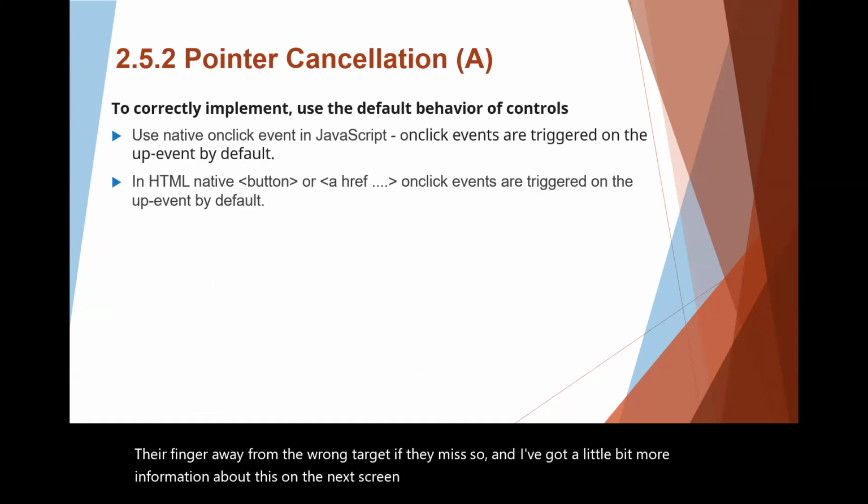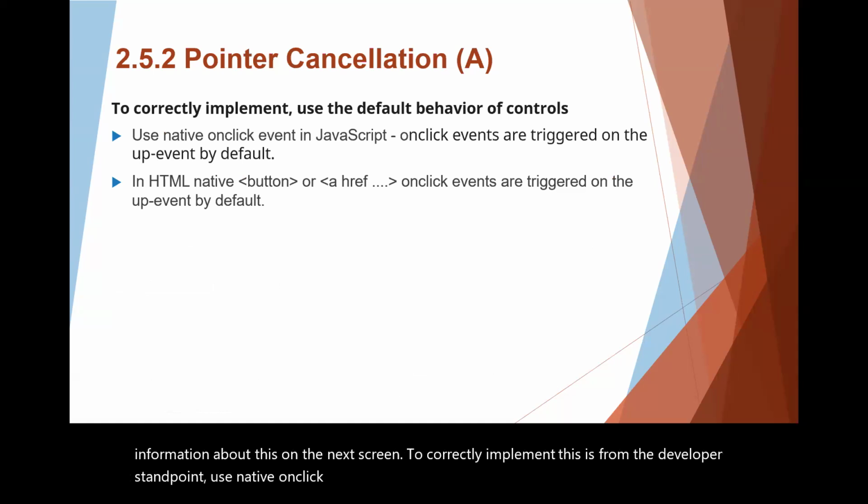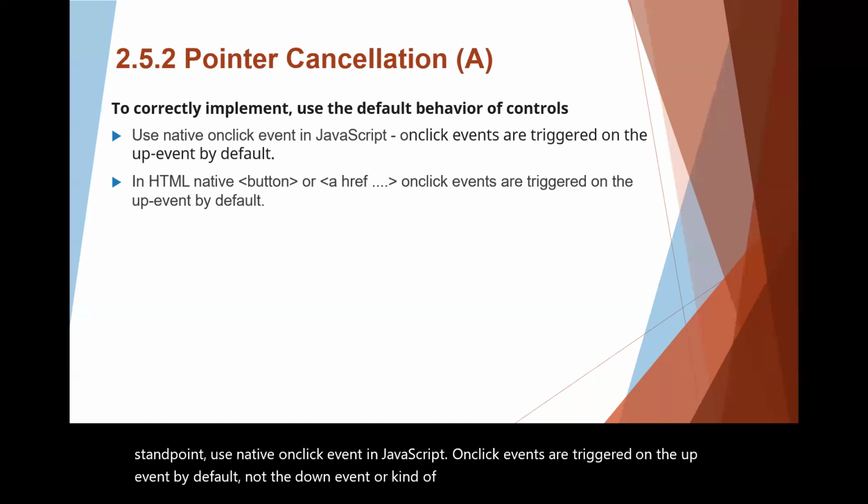To correctly implement, this is from the developer standpoint, use the native on-click event in JavaScript. On-click events are triggered on the up event by default, not the down event or that click or focus.